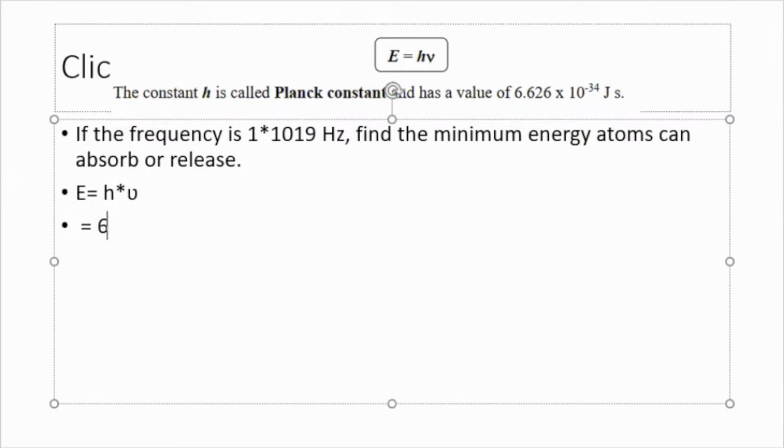It is 6.626 into 10 to the power minus 34 joule seconds. Then we need to multiply it with the given frequency, 10 to the power 19.